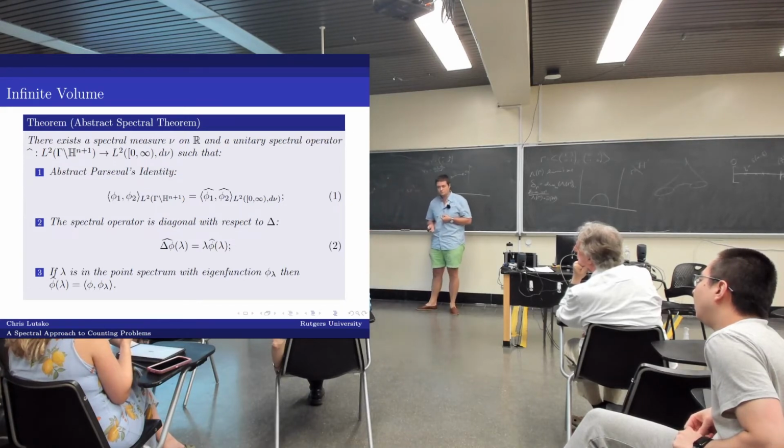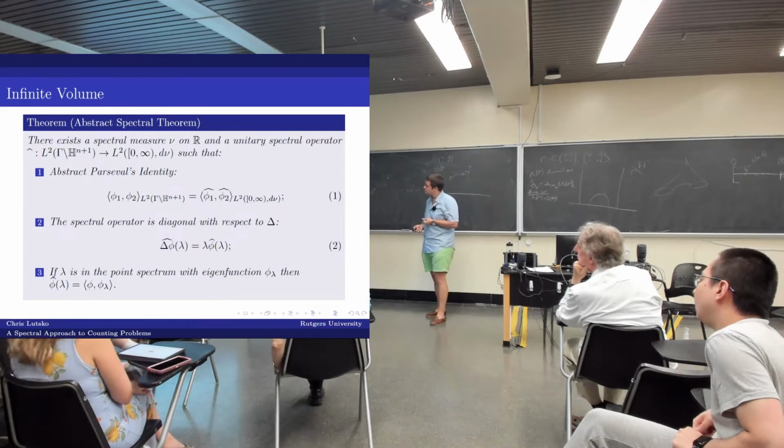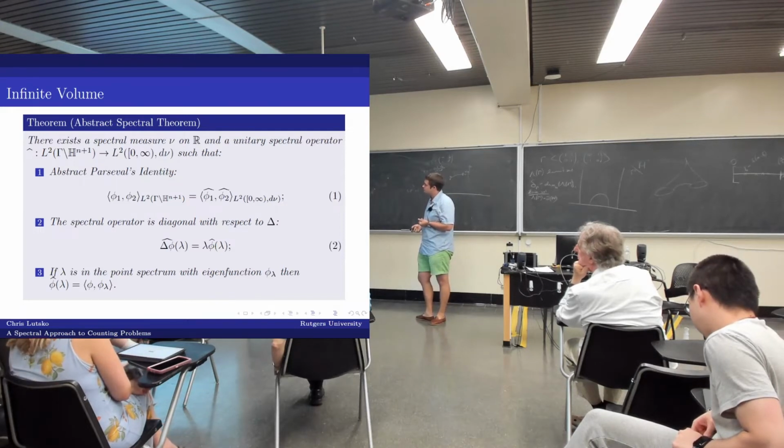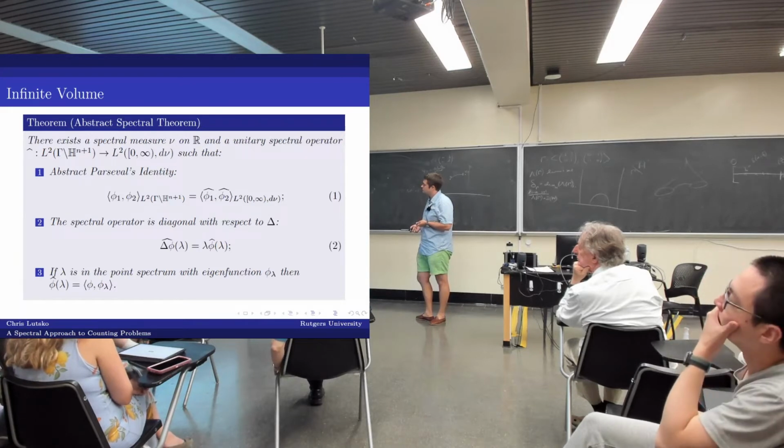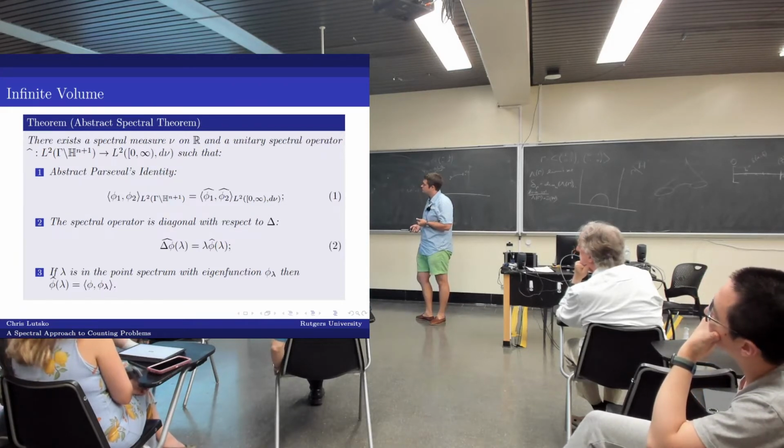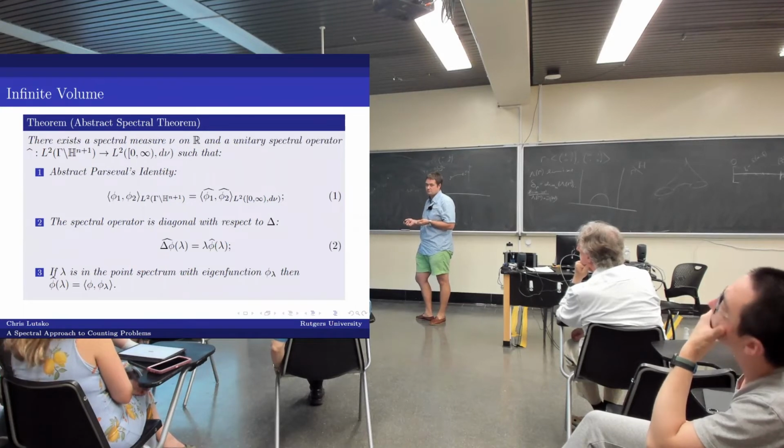In the special case when you're looking at a compact hyperbolic orbifold, the story is different, right? There's no continuous spectrum in that case, so we have only discrete spectrum. Yeah, so then you have an atomic measure. It's the same idea.